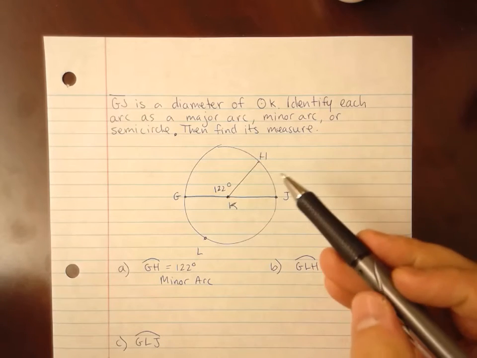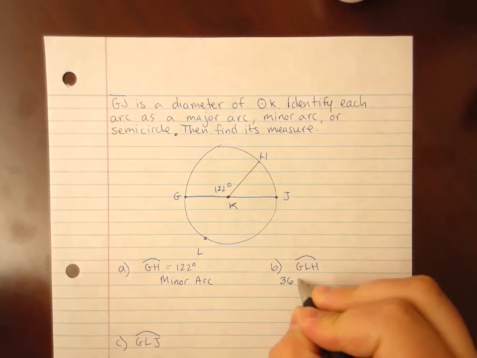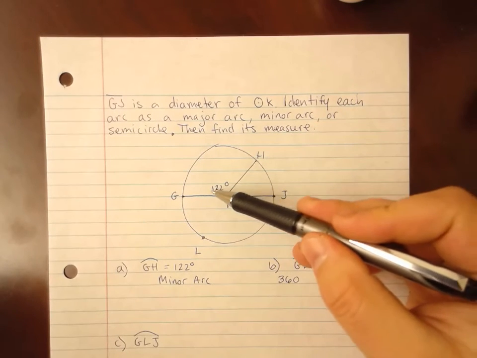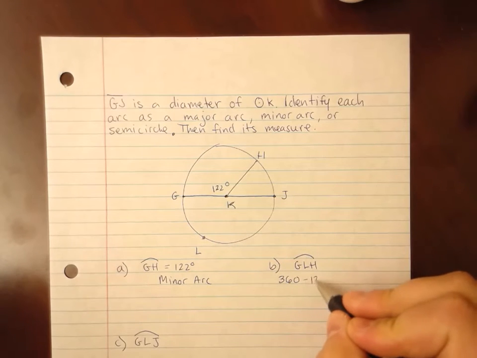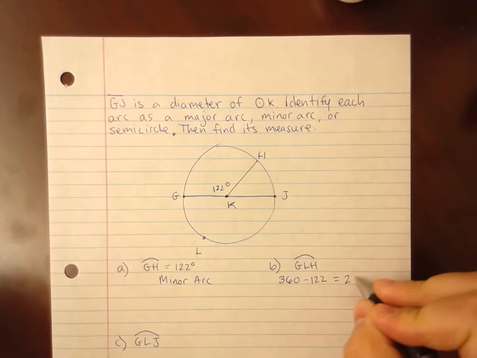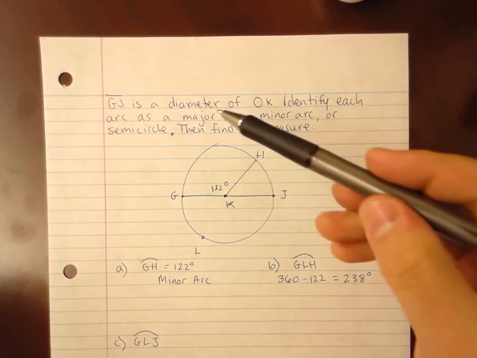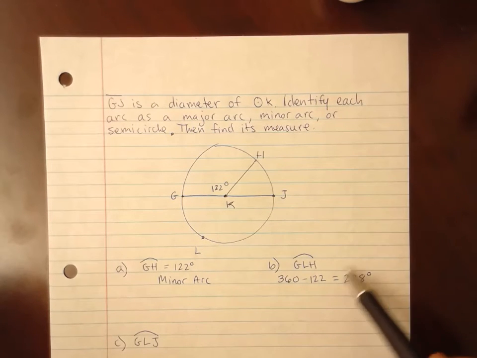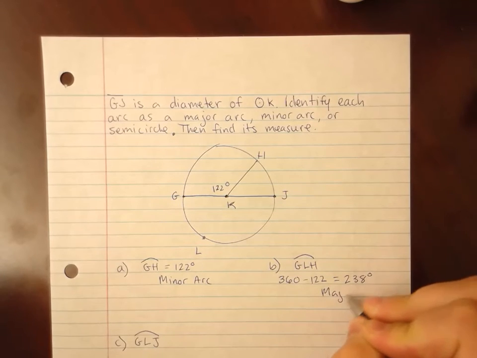So because the entire circumference is 360 degrees, we're just going to subtract that known arc measure of G to H, which is 122, and we will get 238 degrees for GLH. Now, identifying that as a major arc, minor arc, or a semicircle, because that is greater than 180 degrees, this is going to be a major arc.